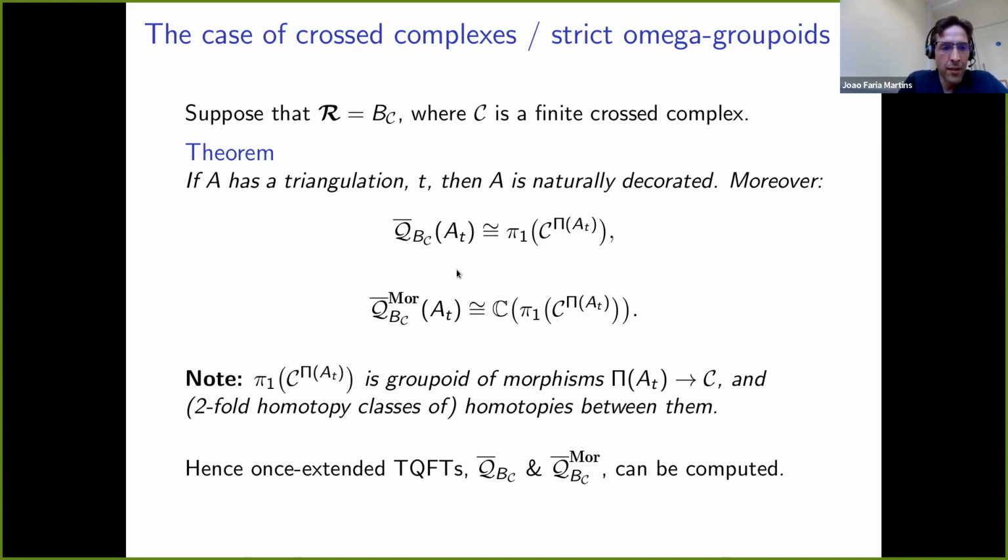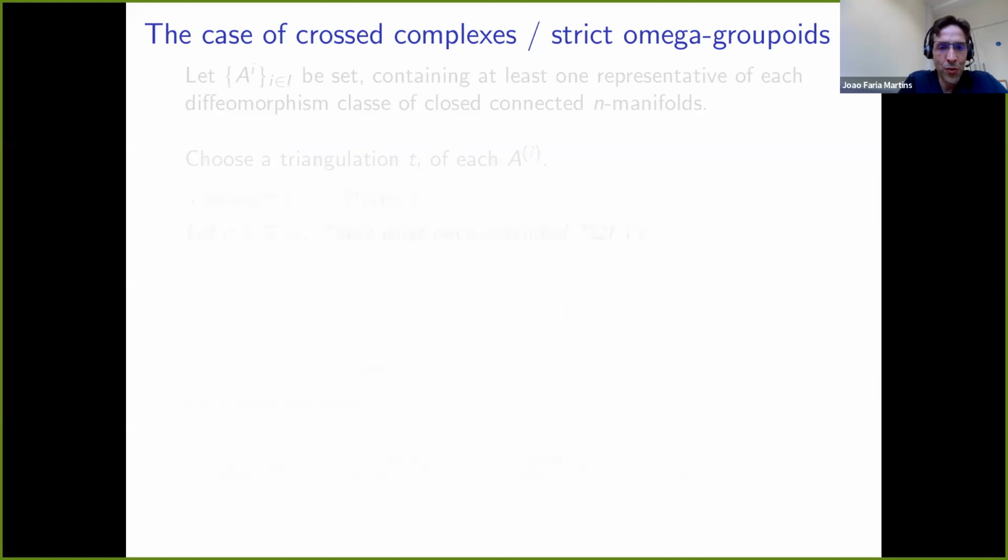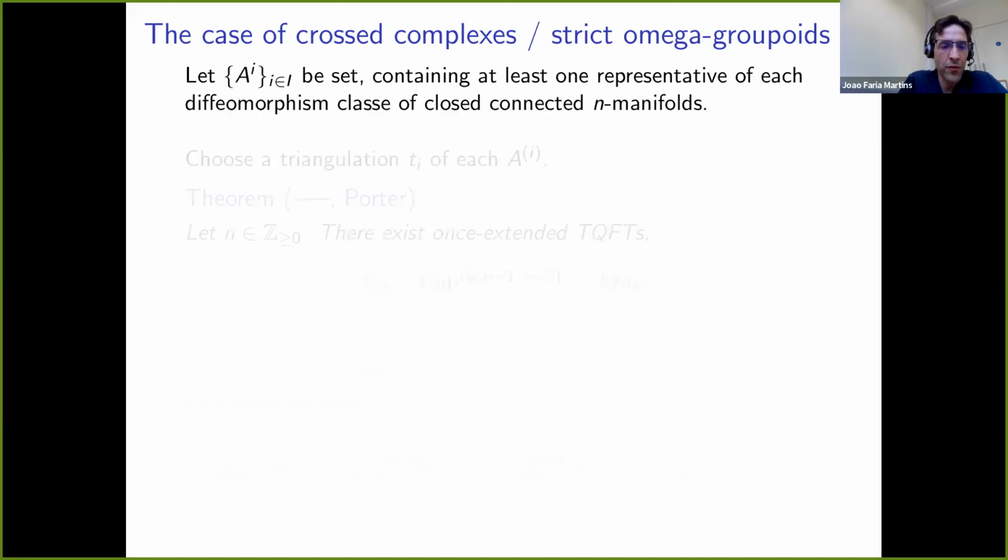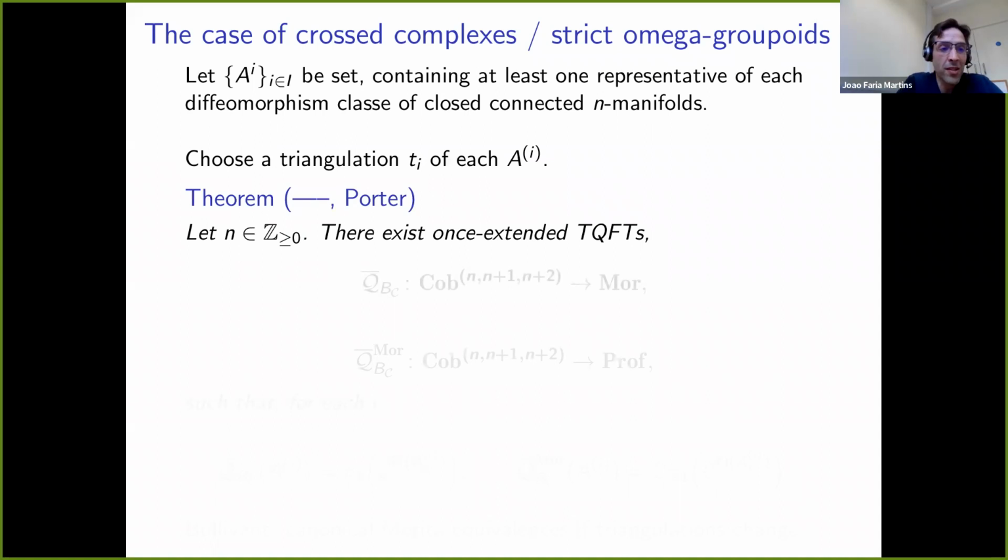Right. Let me just quickly explain how this gives rise to what people usually call extended TQFTs, and some choices. So you need to pick a set containing at least one representative of each diffeomorphism class of closed connected n-manifolds. Choose a triangulation of each of these manifolds, A_i.